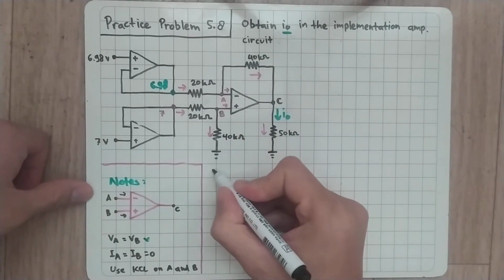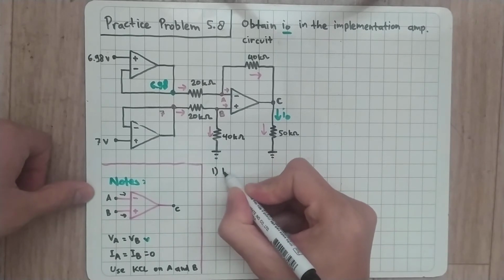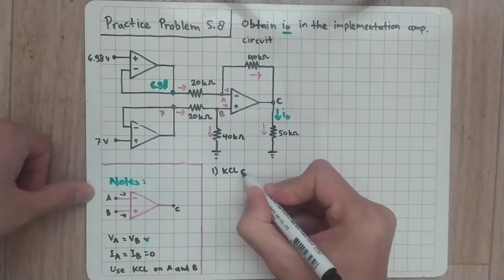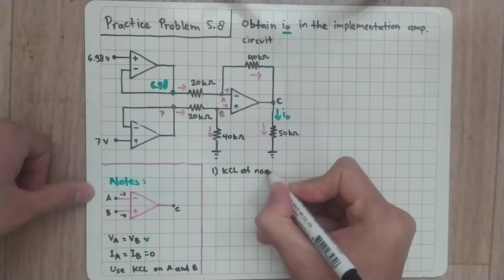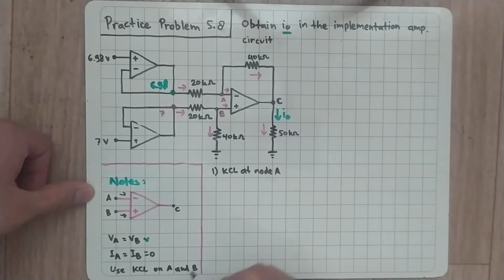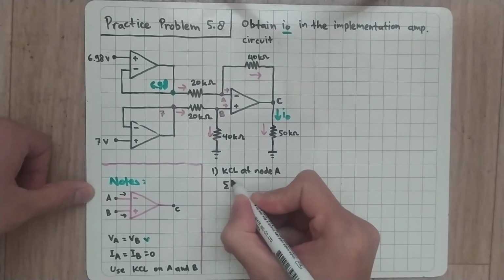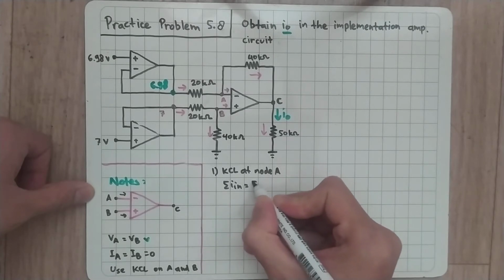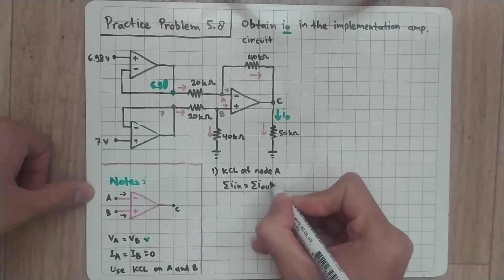We need to do KCL at 3 nodes, so we will have 3 equations and hopefully 3 variables. And let's do KCL at node A. And KCL said that the sum of the current that goes in is equal to the current that goes out.